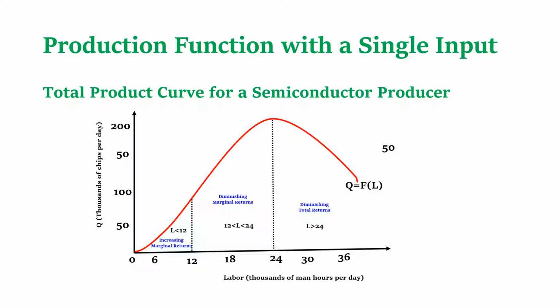But as soon as the farm employs the 12th worker, if it decides to employ maybe the 13th worker, then diminishing marginal returns to labor will set in. Here, output will still be increasing, but at a decreasing rate. It is no longer increasing rapidly, because diminishing marginal returns to labor are setting in.